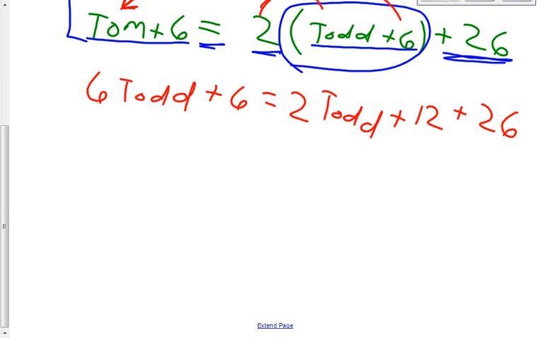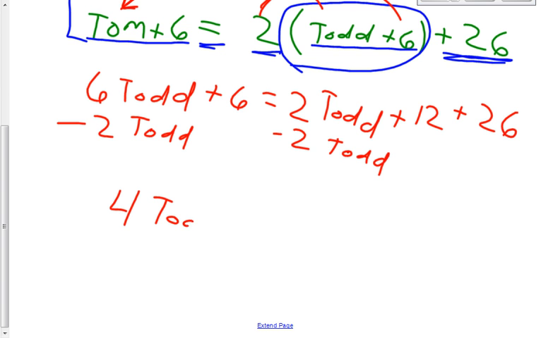Now let's solve. If we subtract 2 Todd right here, 6 Todd minus 2 Todd is 4 Todd. And then this right here makes 38.